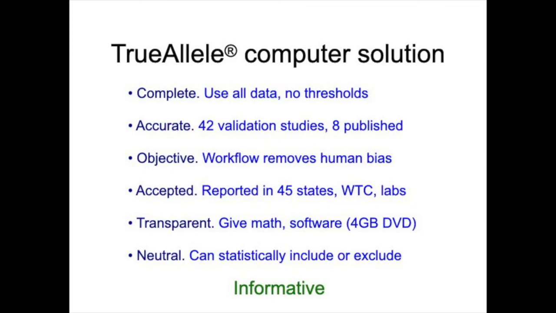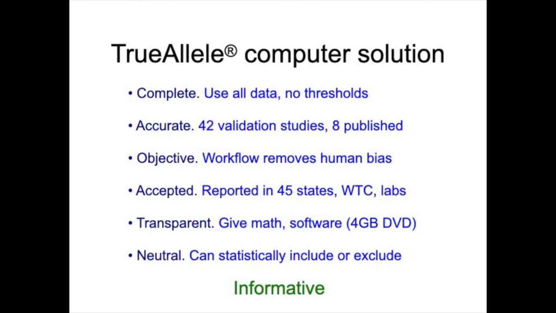There have been 42 validation studies written up, 8 of them published in peer-reviewed journals. It's objective in the sense that the workflow removes human bias. The computer has no concept of what you're looking for. It first solves the problem, producing genotypes from the data, and only afterwards can make a comparison to an individual, whether it's 1, 10, or 1 million people.